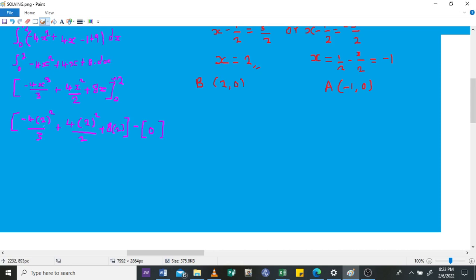Now if you do your mathematical manipulation here, you are going to get negative 32 over 3, then plus 16 over 2, then plus 16. You can confirm this using your calculator or whatever method you prefer.